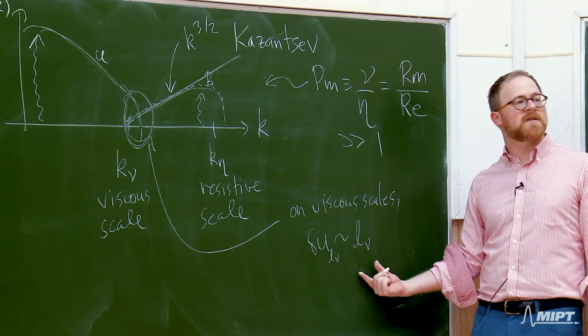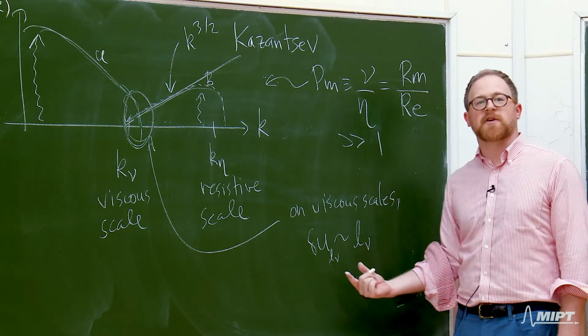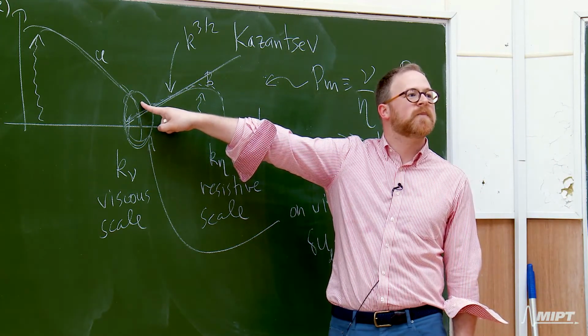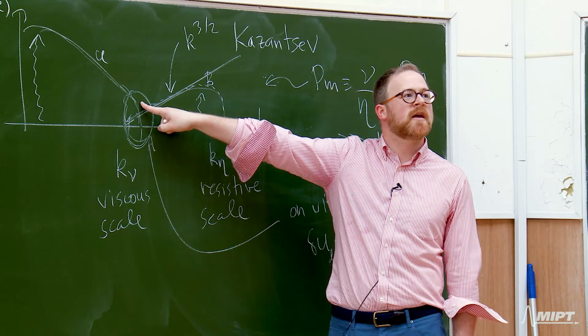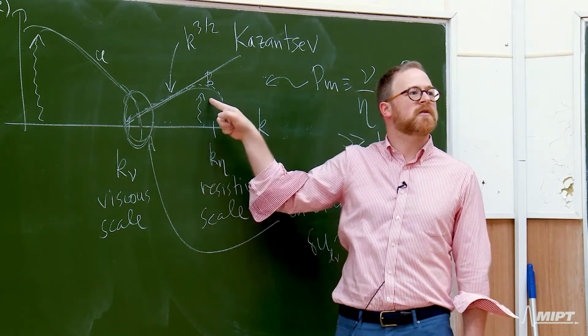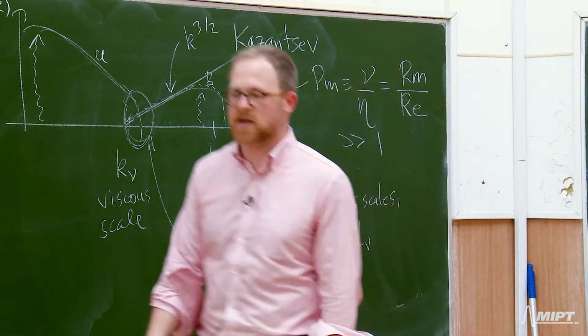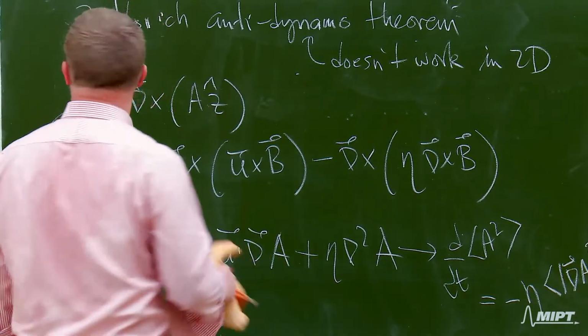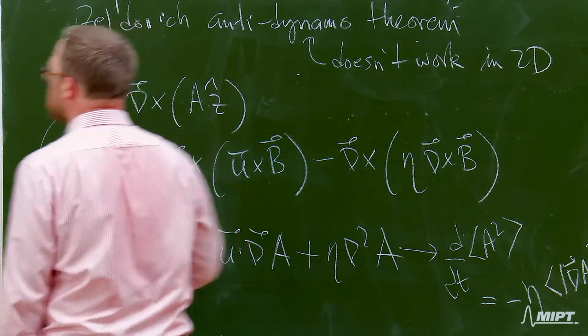And the way that Zeldovich's calculation goes is that we're going to Taylor expand the velocity field at that scale about some position. And you can show under certain circumstances that this will grow. And I just want to sketch that and then move on to the last bit.